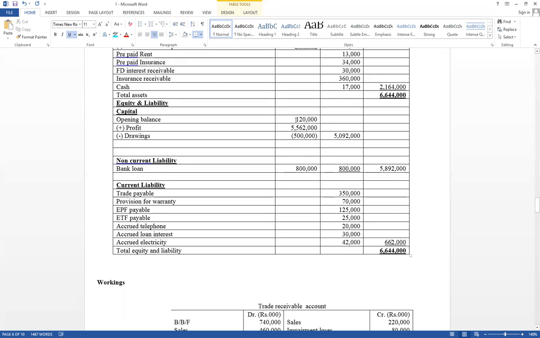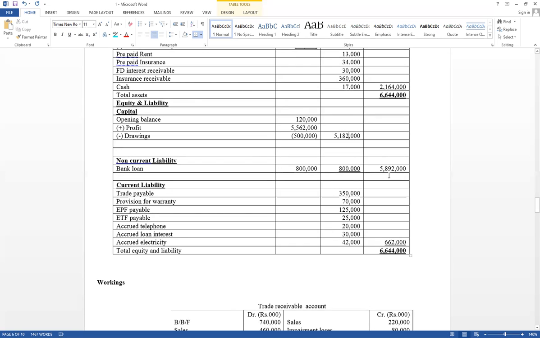Then take here the total value, 120 plus 5,562 minus 500. Therefore, here the value equals 5,182.